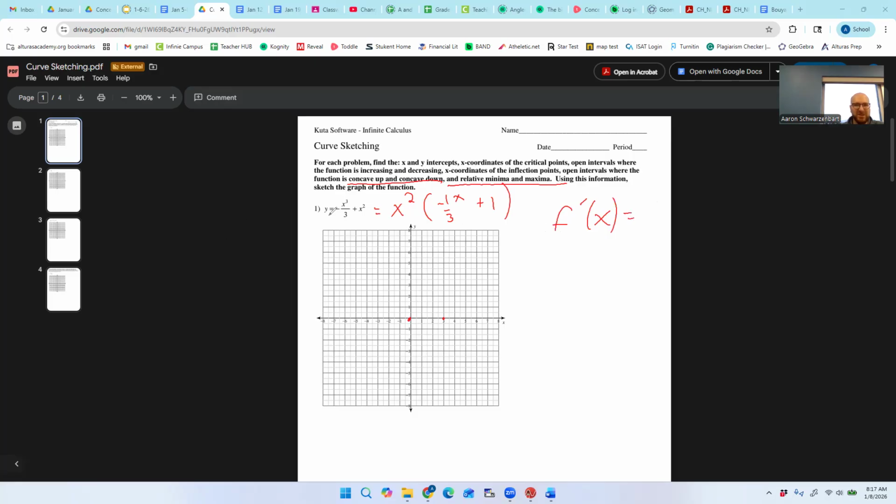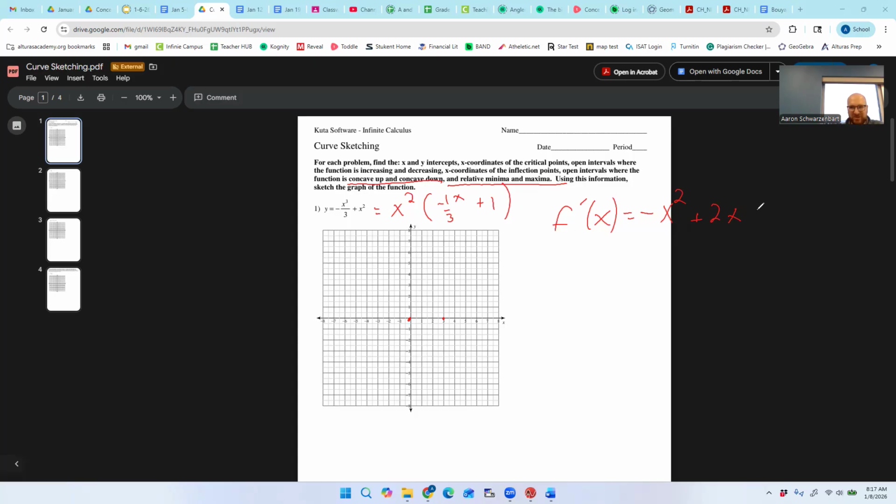F prime of x. What's the derivative of this? Negative x cubed over 3: bring the 3 in front. Negative 3x squared over 3 is just negative x squared.